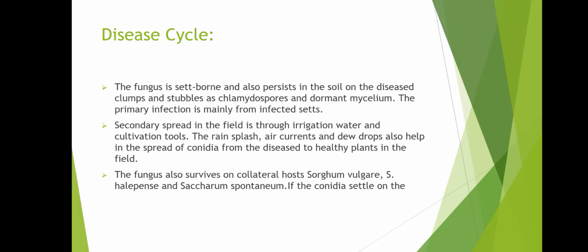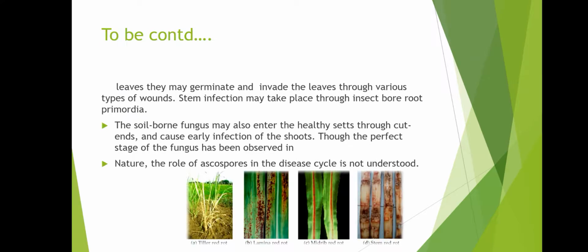The fungus also survives on collateral hosts like Sorghum vulgare, Sorghum halepense and Saccharum spontaneum, which is the wild relative of the sugarcane. If the conidia settle on the leaves, they may germinate and invade the leaves through various types of wounds.